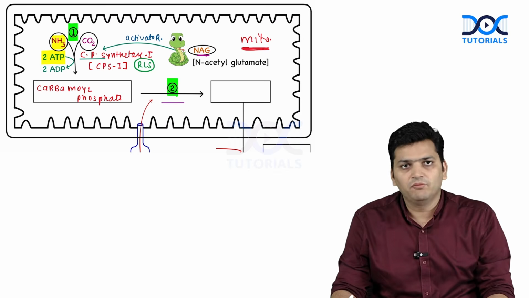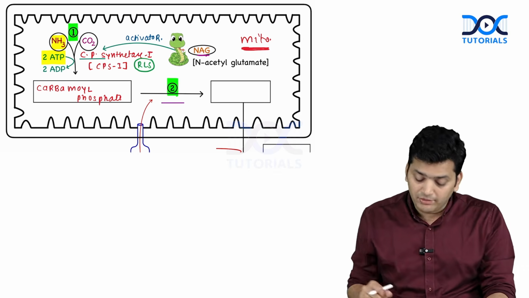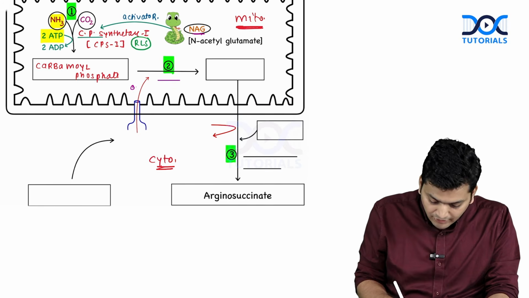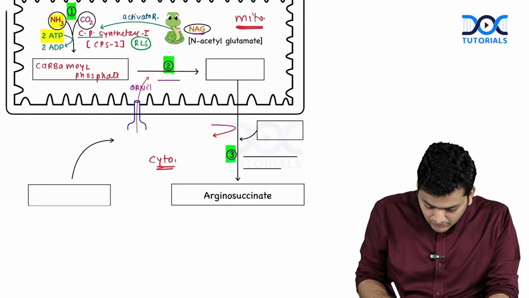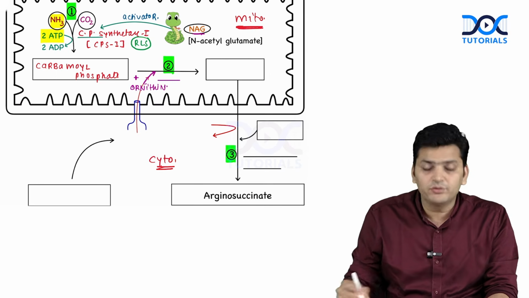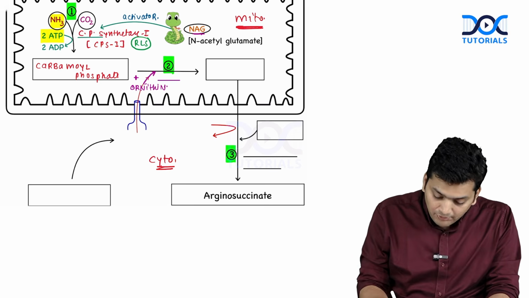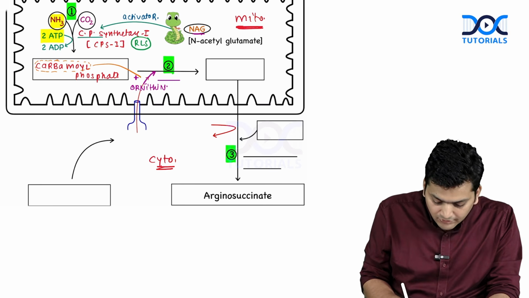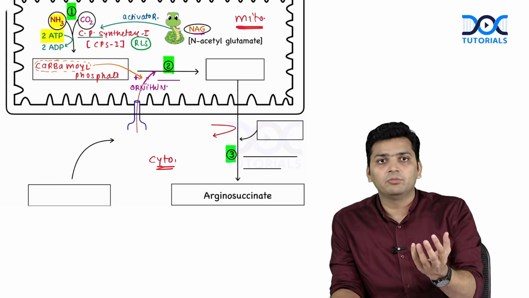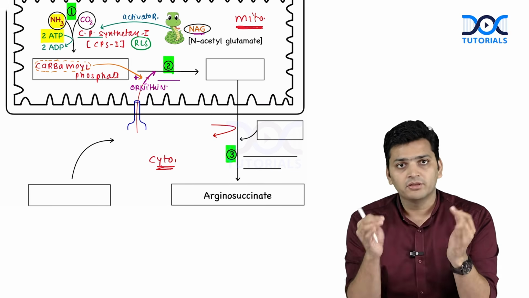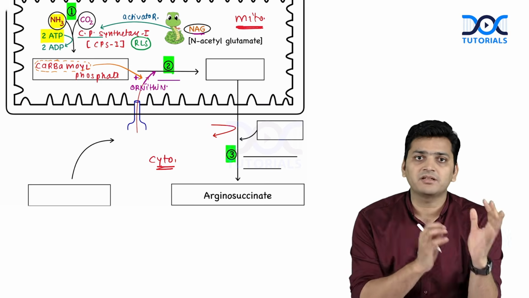Now we have the carbamyl phosphate. There is a molecule present in the mitochondria called ornithine. The carbamyl phosphate now reacts with the ornithine: from the carbamyl phosphate we take the carbamyl group and transfer it onto the ornithine. Transferring a carbamyl group is done by a transcarbamylase, and because we are transferring onto ornithine, the enzyme is ornithine transcarbamylase.